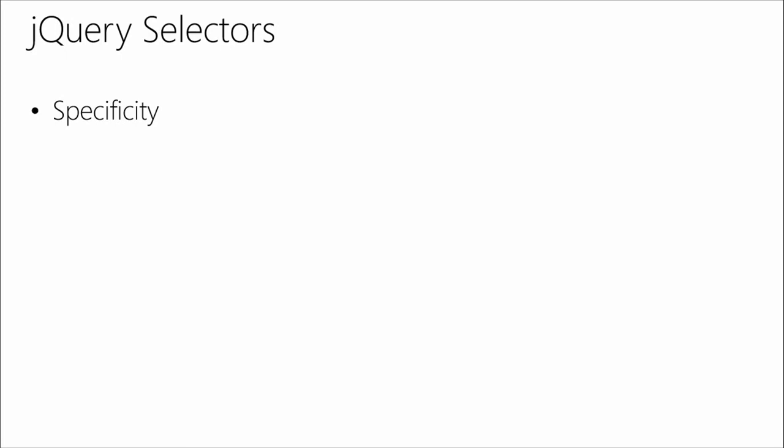If we go just, willy-nilly selecting stuff without any thought at all, we could be grabbing too many elements, or we can be supplying to jQuery maybe not the best selector that would do the job the best way. And it might make it a little bit slower because of what we pass to it. So we want to get specificity down and know how things work with both CSS and the DOM to be able to select things with precision. That's an important factor as well with jQuery. So we'll talk about all of that in this chapter.